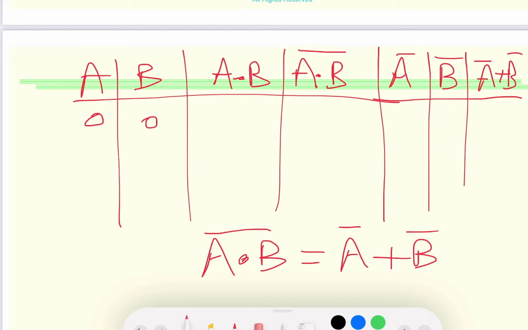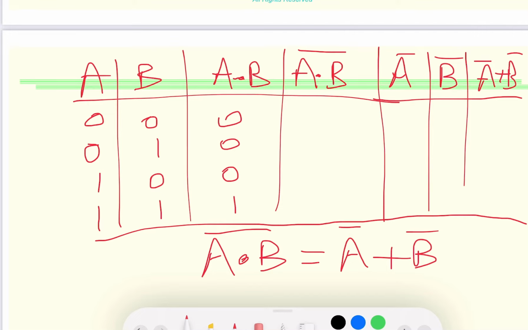So we take all the combinations of these values. We see that for the AND operation, any zero will result in a zero output. If I take the complement, that's straightforward.